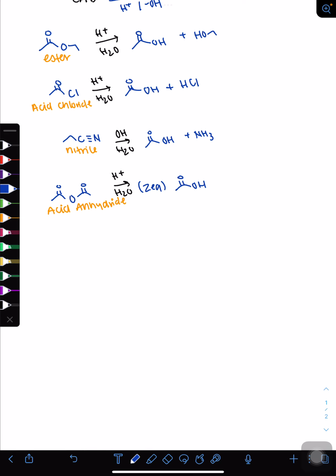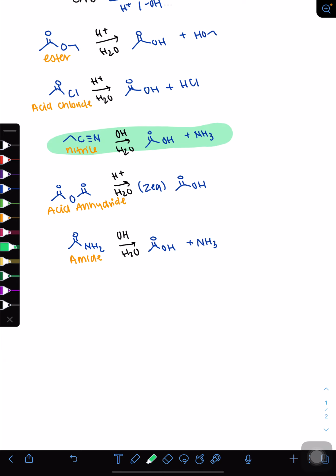And for an amide, and we reacted, let's say, an OH group this time with water, we get a carboxylic acid with NH3. So if you look at these two, they give you the exact same thing, both with the byproducts, and all the other ones have the exact same product, so major product. So just to keep that in mind.